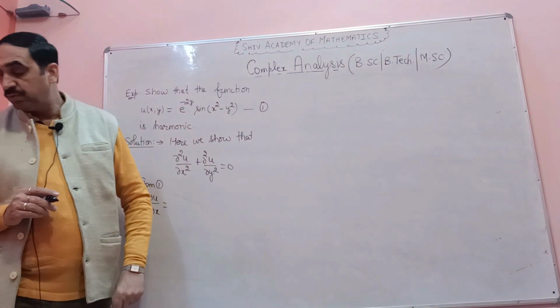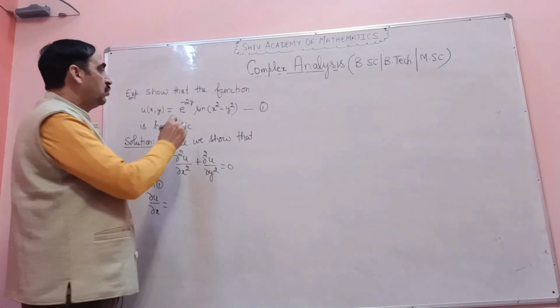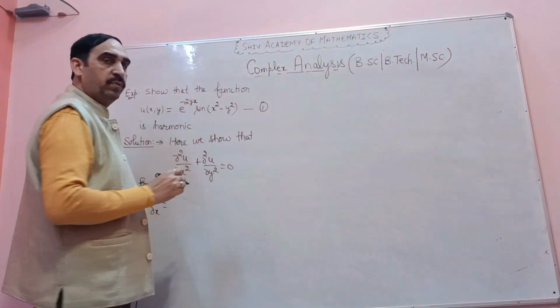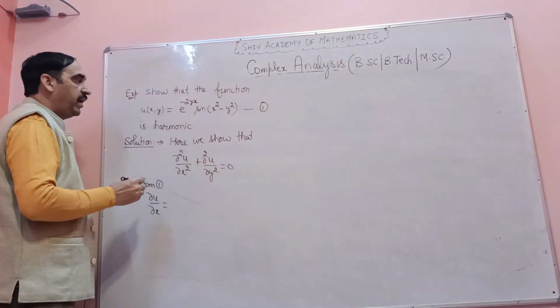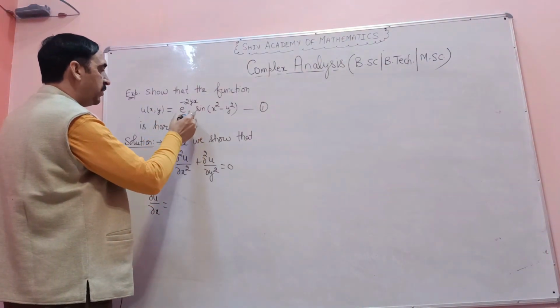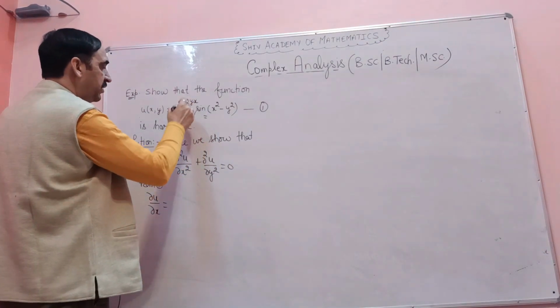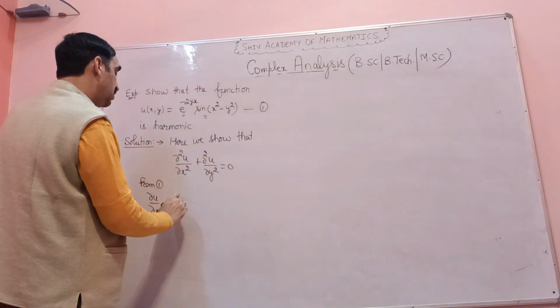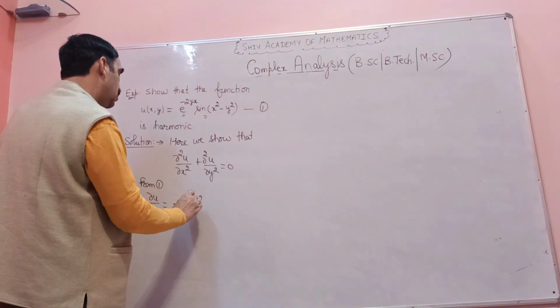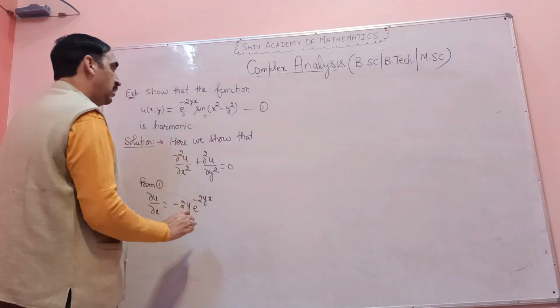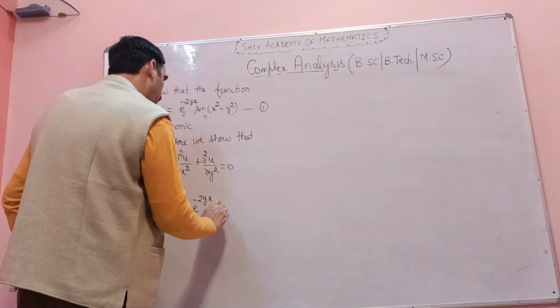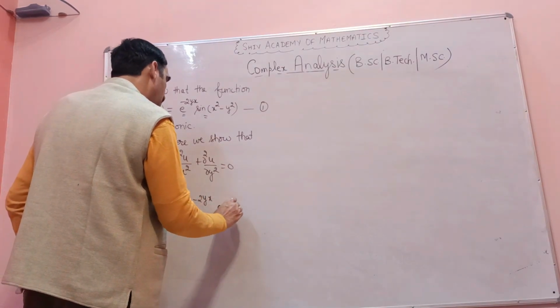So it is e^(-2y) into x, it is y into x. When we differentiate this partially with respect to x, we apply the product rule. So it is minus 2y e^(-2yx) sin(x² - y²).